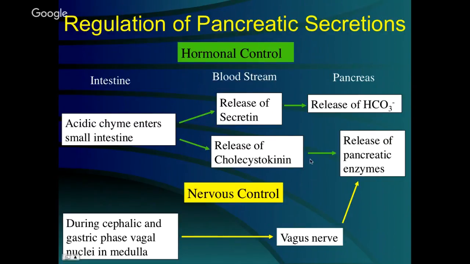So you've got both the hormonal control and the nervous control influencing the release of enzymes, but only the hormonal control triggers the release of the bicarbonate. That makes sense because while it isn't wasteful or harmful to release the pancreatic enzymes a little bit early, it would be irritating and unnecessary to release the bicarbonate early. So you really don't want to release the bicarbonate until the acid is there to neutralize.